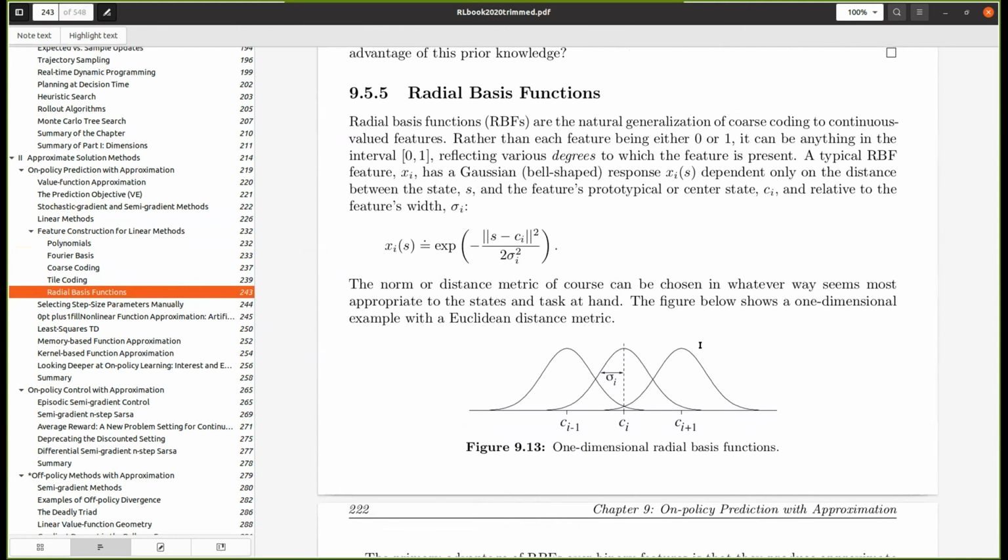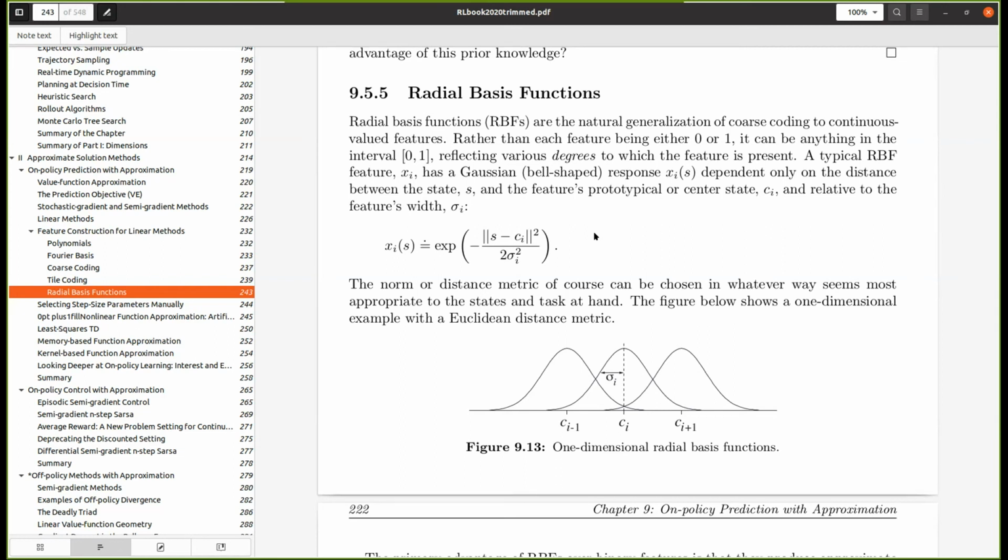And finally we get to radial basis functions. Instead of using binary features, we can use continuous features, and one popular choice for this is the radial basis function.